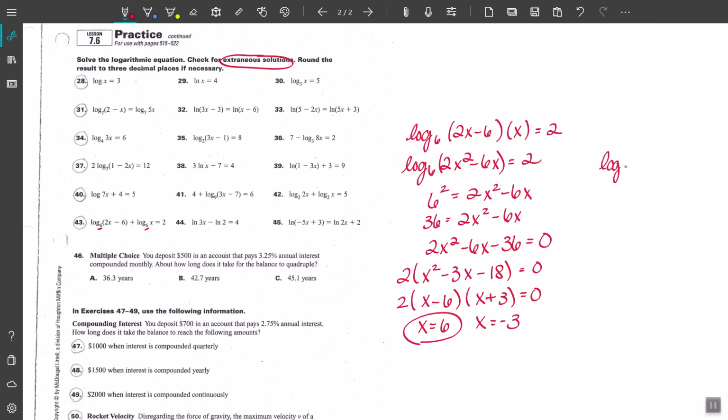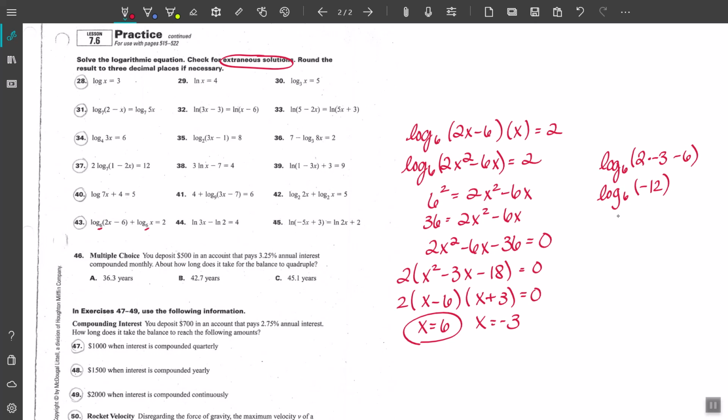If I take the original equation and plug that negative 3 back in for the x, and that just in that first logarithm, I'll show you what happens. We end up with logarithm base 6 of negative 12 here. And this is an undefined situation.